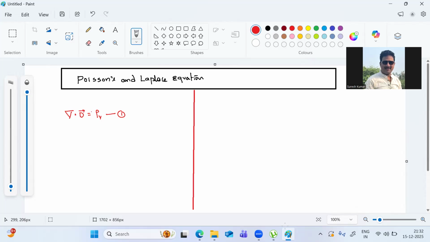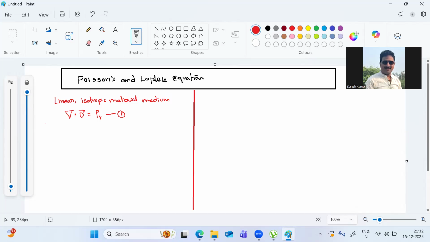In order to derive the Poisson's and Laplace equation, we need to consider the differential form of Gauss law for a medium that has to be isotropic, linear, isotropic material medium. This is the consideration we need to consider for the medium in which we are going to derive Poisson's and Laplace equation.